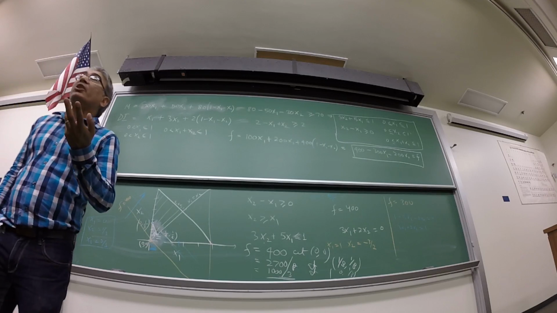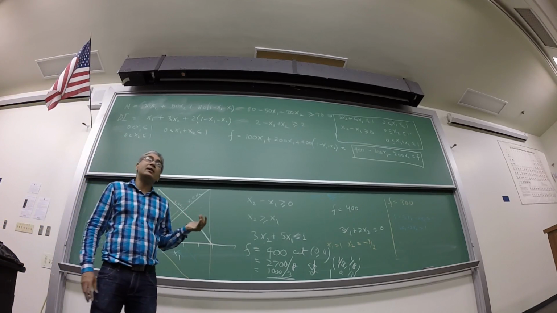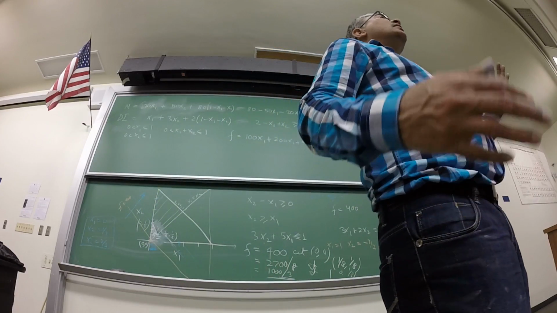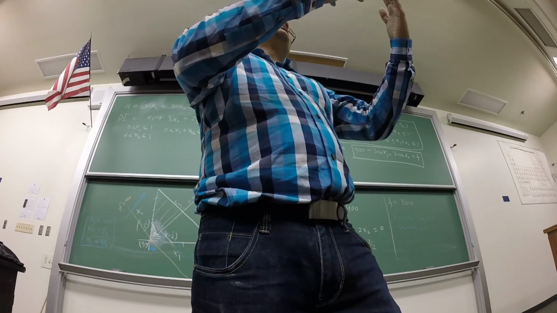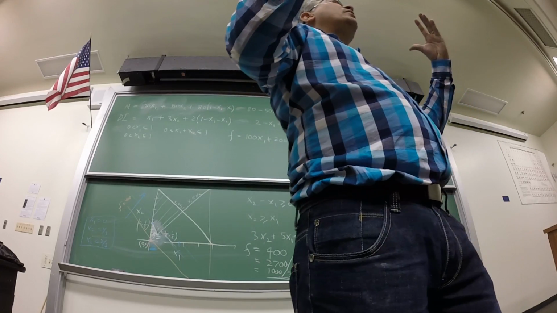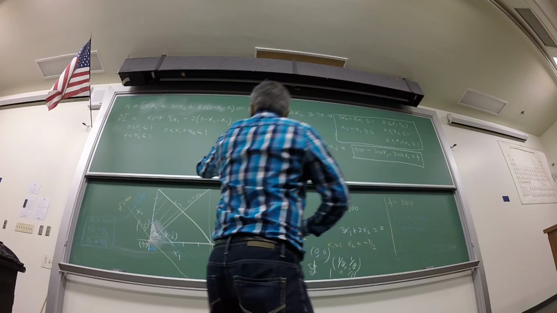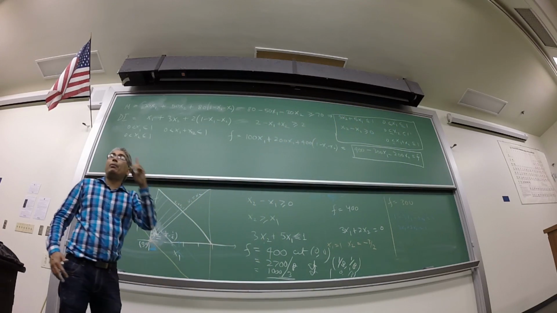How will you figure out constraints? Constraints are simply intersections, right? So basically, you take any two constraints and find the point of intersection. Right now the constraints were lines, and their intersection was a point, right?